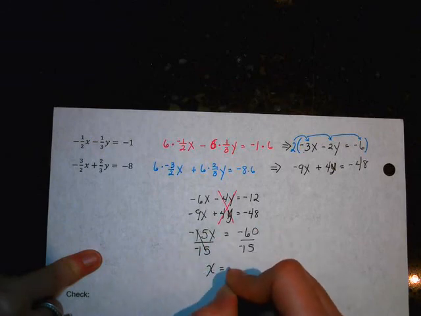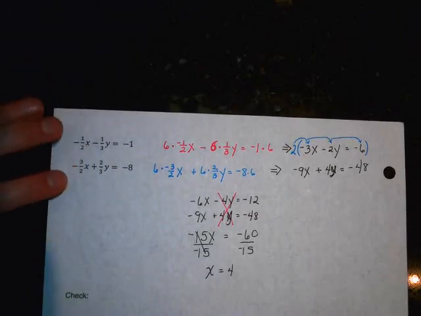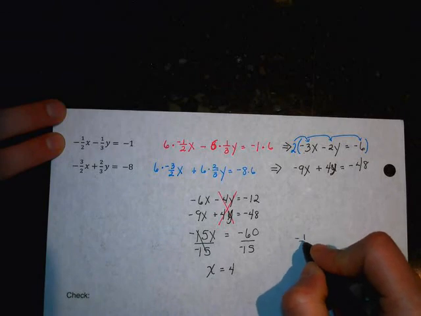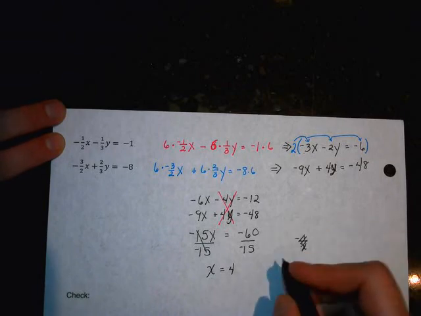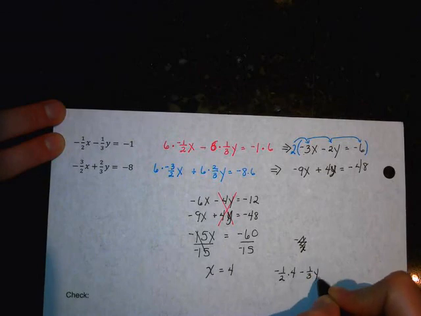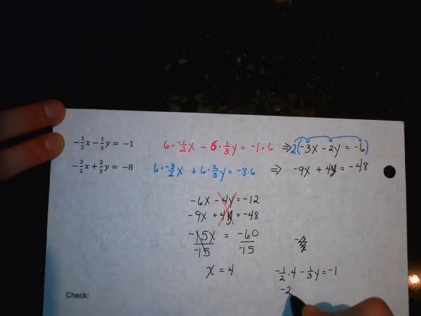Now I always go back to the original. That's just the way I was taught this. Always go back to the original to solve for the missing piece. You don't have to if you don't want to. But we've got our calculator, so we can easily pop in a 4 in there. So that'll be negative 2 minus 1/3 y equals negative 1. So I'm going to add 2 to both sides.